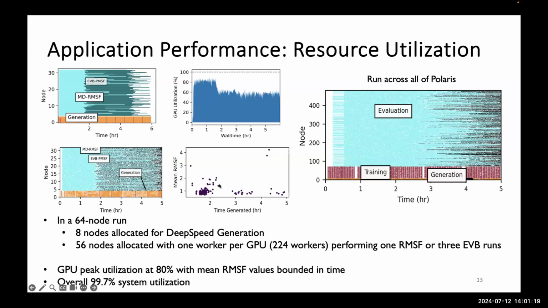And in terms of making sure that the generated sequences are not completely garbage, and that they unfold during the simulations, the workflow keeps a tab on the root mean square fluctuations. This is roughly a scatter plot of the mean of the root mean square fluctuations as the workflow is progressing. So you can see here that in our case, if I remember right, for values greater than 2.7, for example, the workflow would treat them as not acceptable and they would just be discarded.